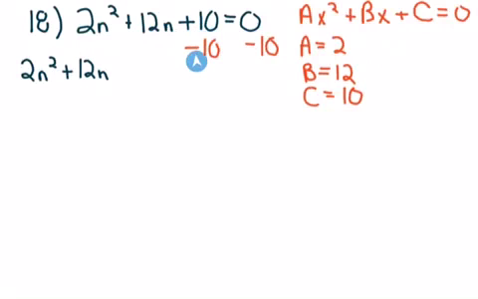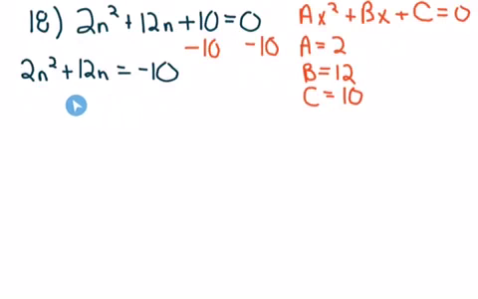Now we know positive 10 minus 10, that's 0, so I can just ignore it, is equal to 0 minus 10, so that's going to give me negative 10 on the right-hand side of my equation. So now we have all of our variable terms on the left-hand side of the equation and my constant on the right-hand side. So now we can go on to step number 2, which is divide all terms by A.